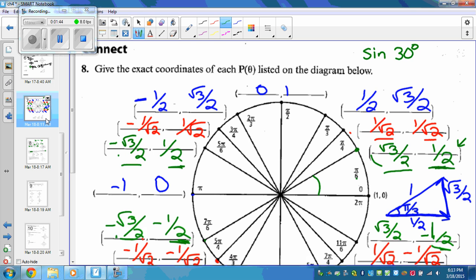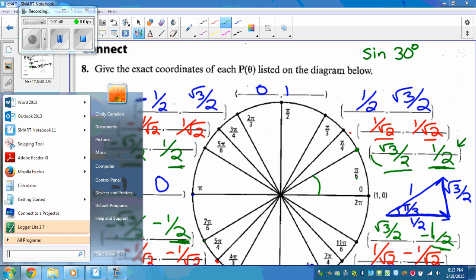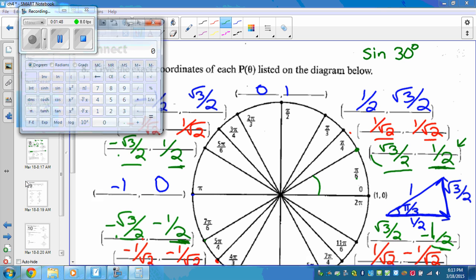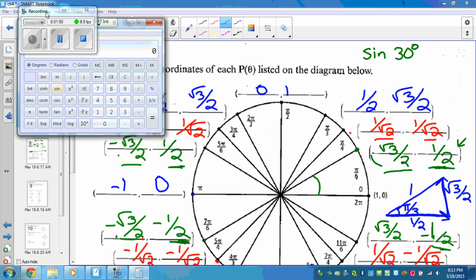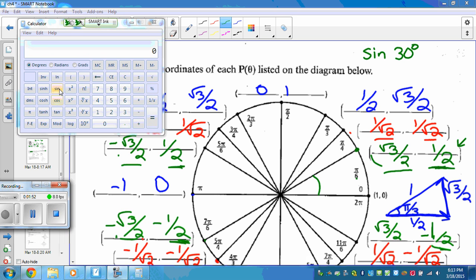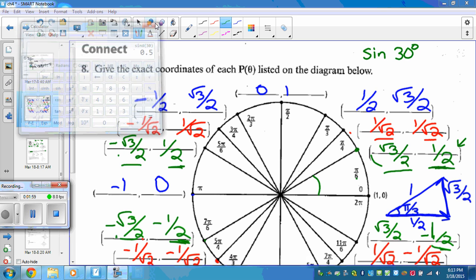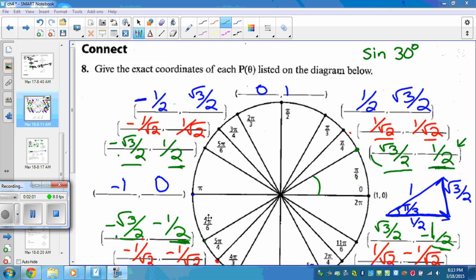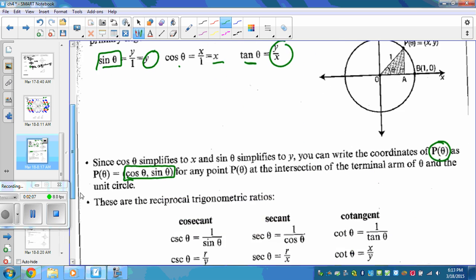Make sure you're still in degrees. I can't remember what order this does it in. Do I do sine 30? No, I go to 30 then sine. Look, I get 1/2. So having this unit circle is going to be an easy way for us to get exact trig ratios.